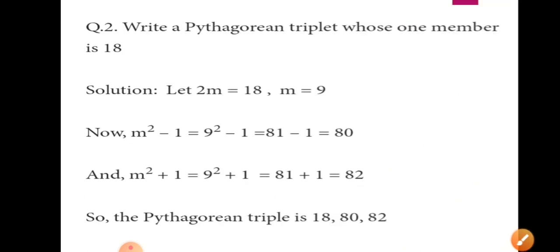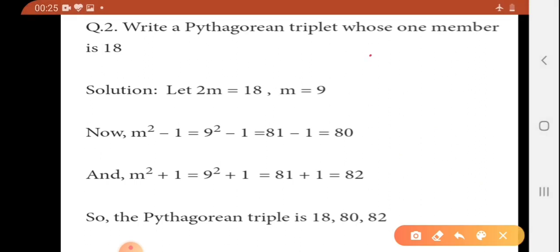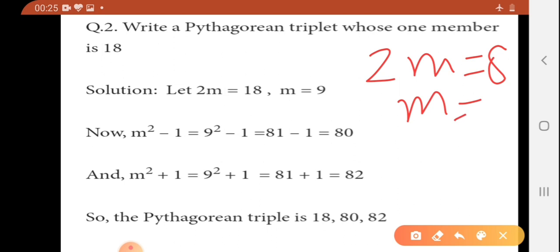Now there is one example. Write a Pythagorean triplet in which one number is 18. We know all three sides: first side is m square minus 1, second is 2m, and third is m square plus 1. Now one number is given, so we assume 2m is equal to 18.